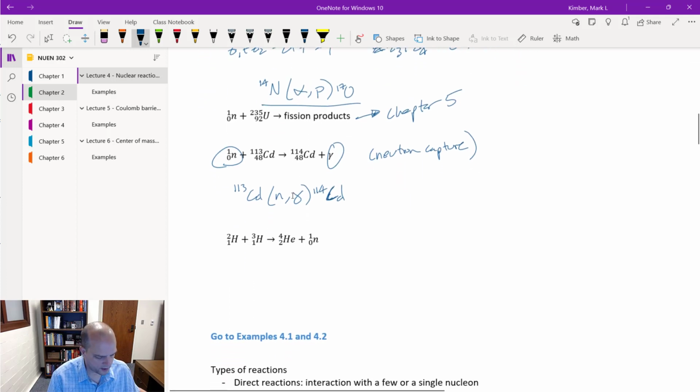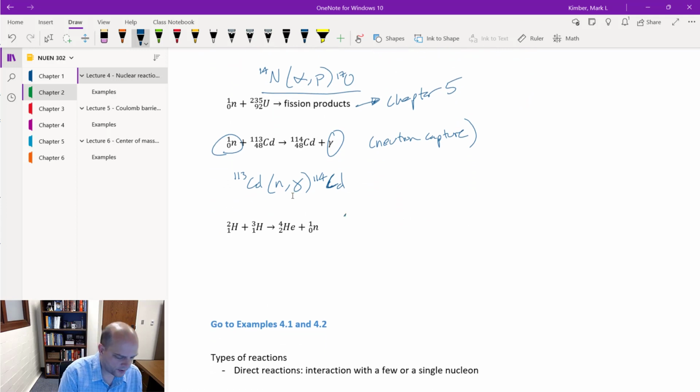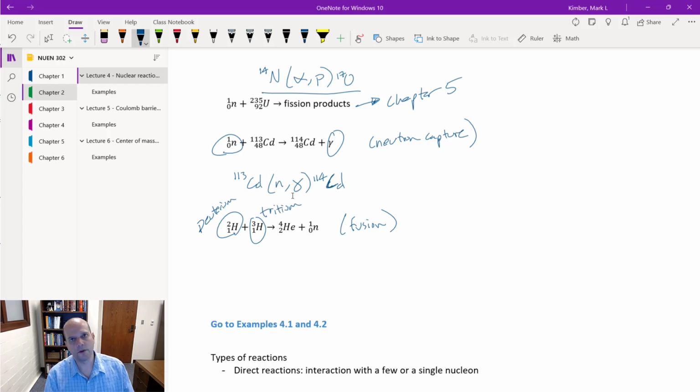Okay, another one of interest here is fusion. I've got hydrogen-2, also known as deuterium, and then hydrogen-3, which is known as tritium. Those two combine together to form helium and a neutron.